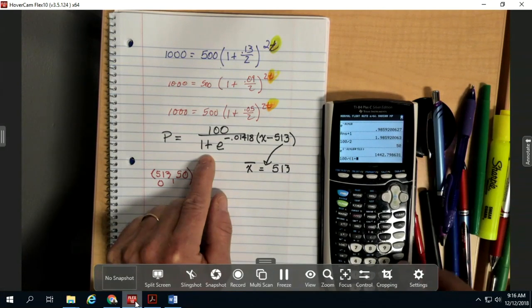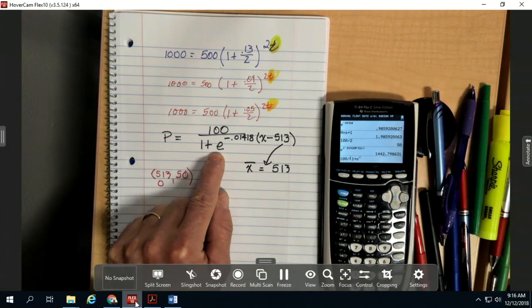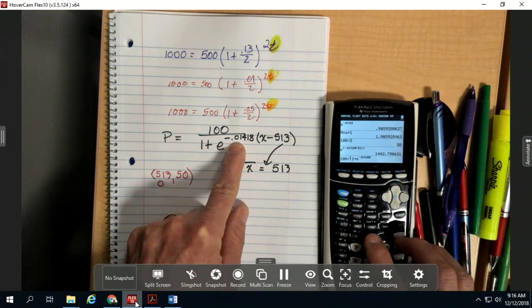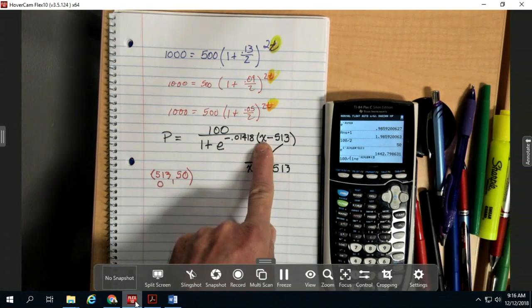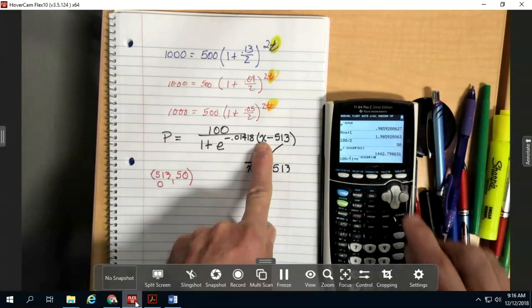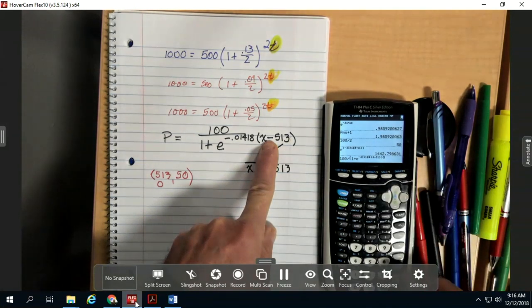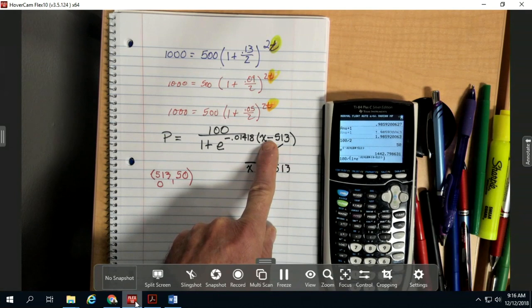Parentheses 1 plus second function e to the negative 0.01418 times parentheses 0 minus 513, close parentheses, and then close the other parentheses.